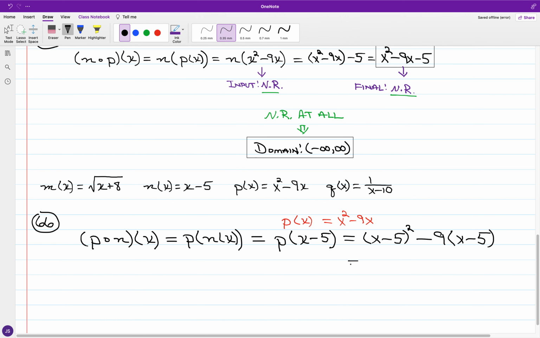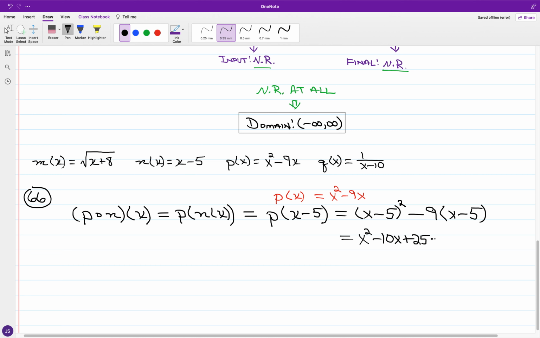Working down, the square of x minus 5 gives x squared minus 10x plus 25, and negative 9 times the quantity x minus 5 gives negative 9x plus 45. Joining like terms, we have x squared, negative 10x and negative 9x, so this would be negative 19x, and 25 and 45 make 70.